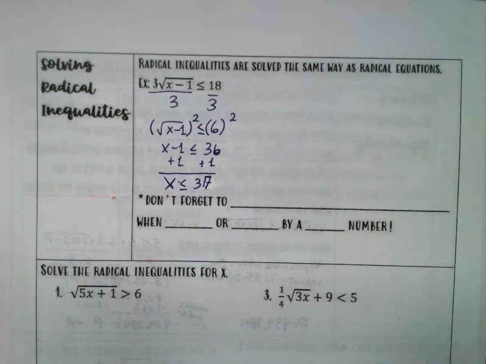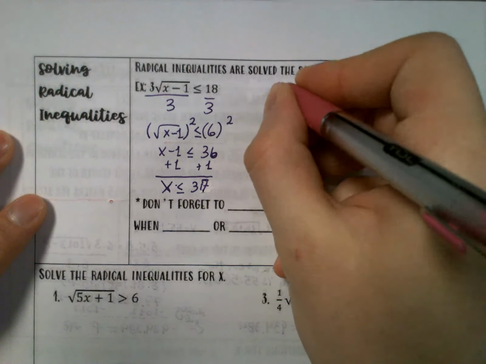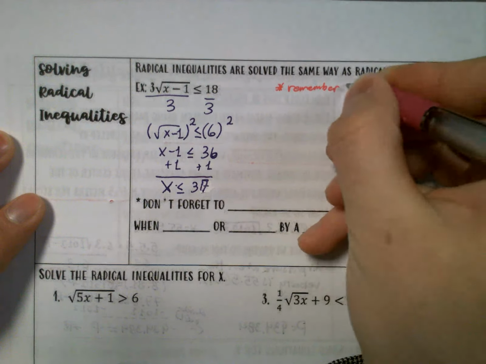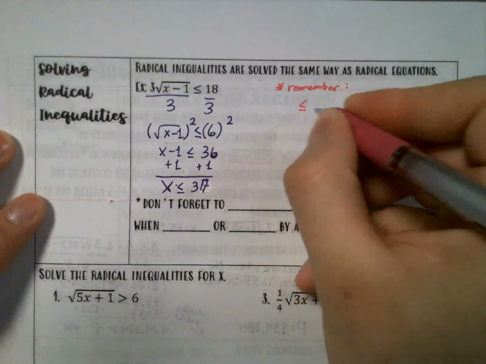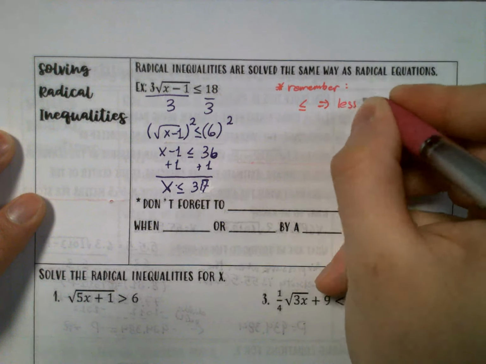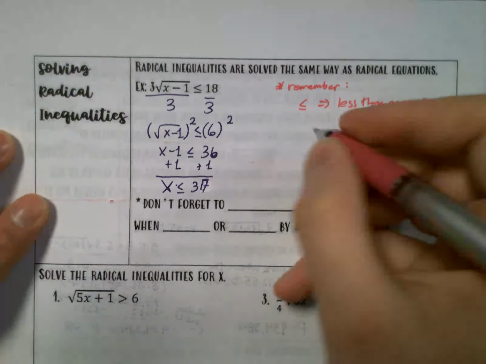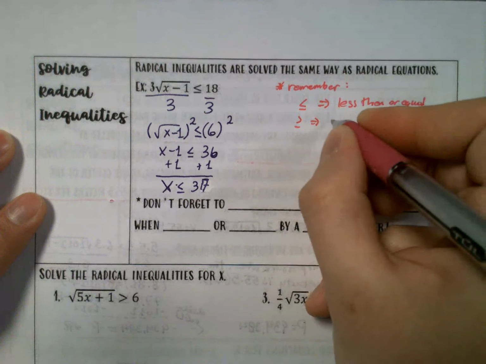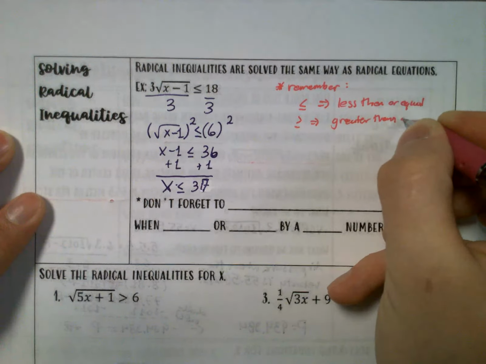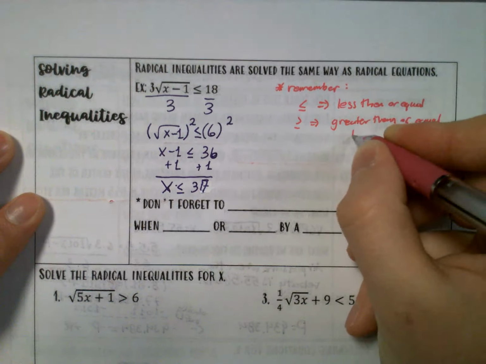Okay, 37. Now, just a little reminder for those of you who forgot the symbols: less than or equal to, greater than or equal to.